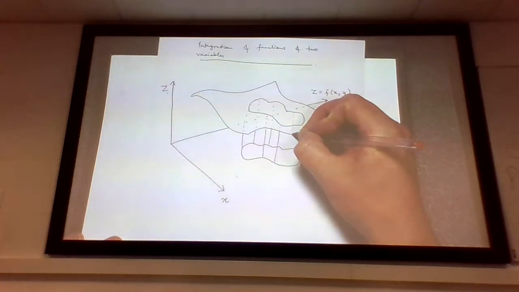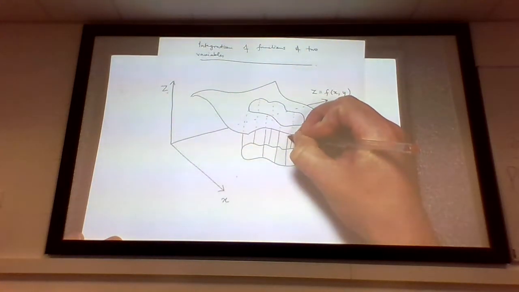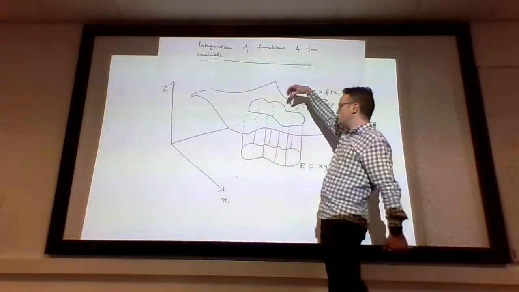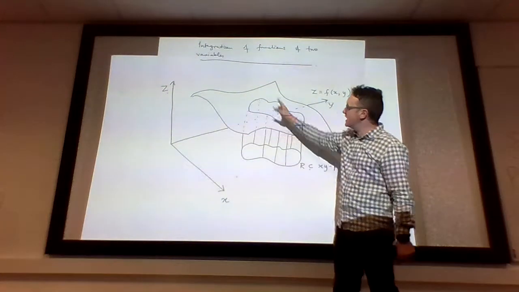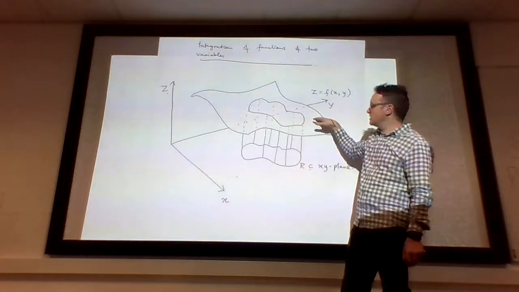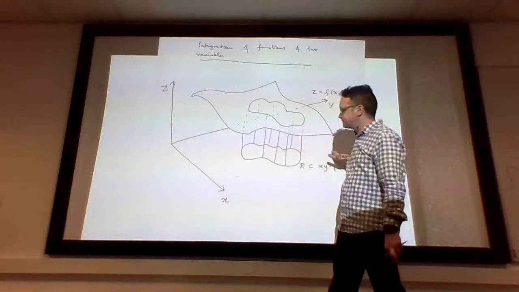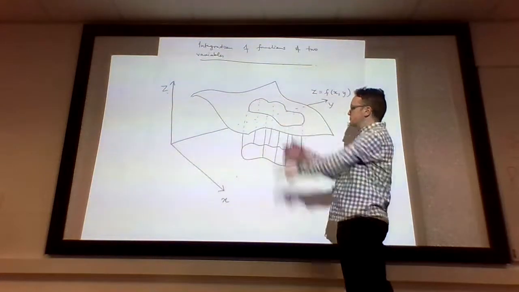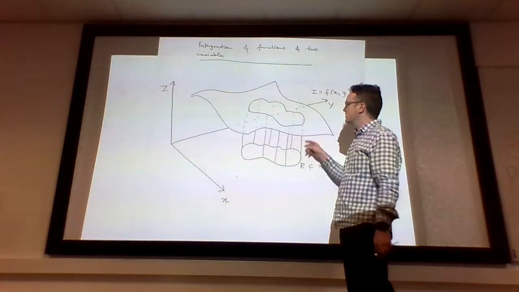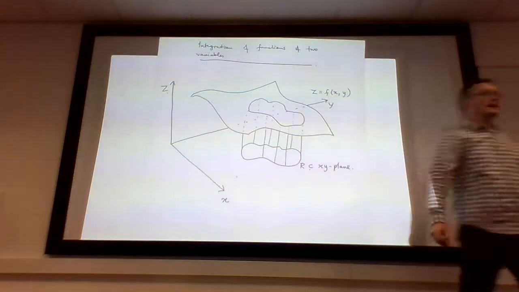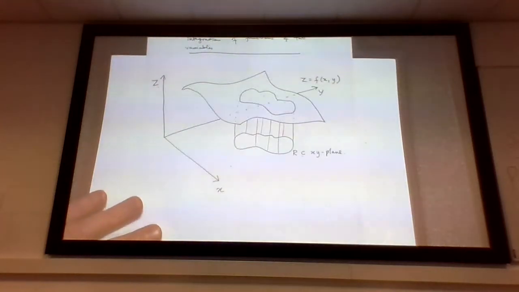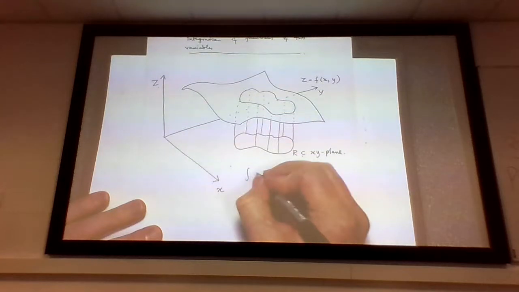And you can just draw a few lines suggesting what's going on here. There's going to be a certain volume bounded by the surface on the top, the xy plane at the bottom, and the vertical projection of this region that we're integrating over upwards till it intersects the surface.